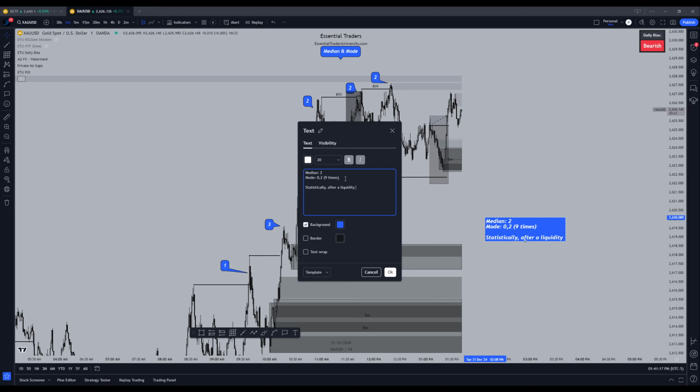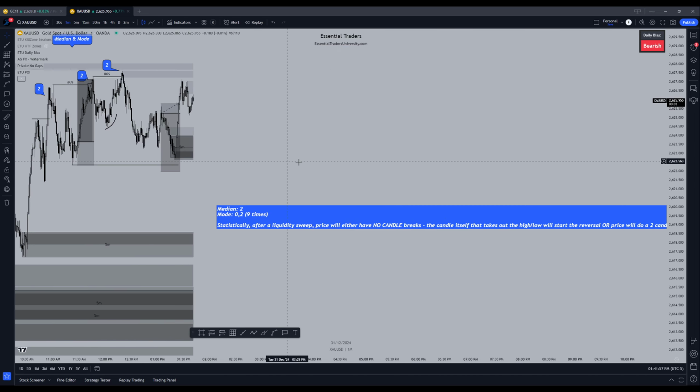After a liquidity sweep, whether that's pro or counter trend, price will either have no candle breaks, where the candle itself that takes out the high or low will start the reversal in price internally, or price will do a 2 candle break after the initial candle. So this is going to be our findings.